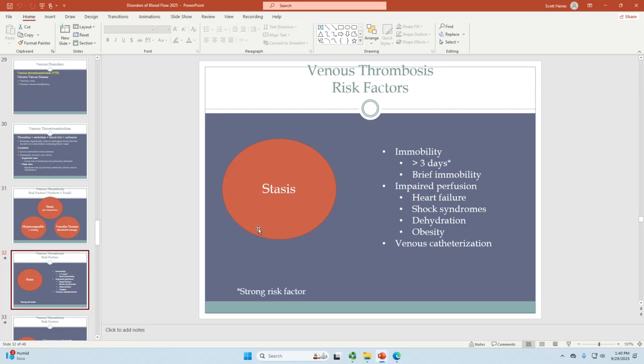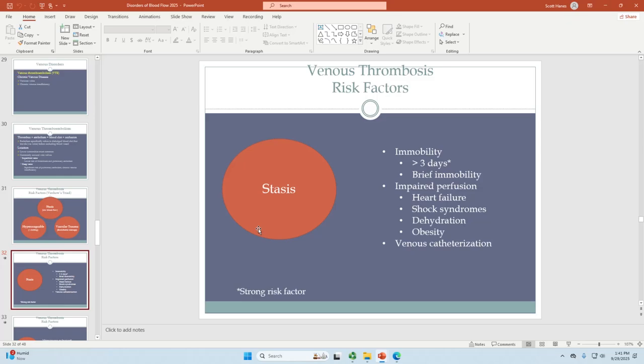So they are at high risk of having a thromboembolism because you're not moving your calf muscles, you're not facilitating the movement of blood by your normal process of walking around, right? So you have higher risk because of that low flow state. Even brief immobility can sometimes cause it. So if you've ever heard of people getting a thromboembolism on a very long plane ride, that can happen. You're sitting still.